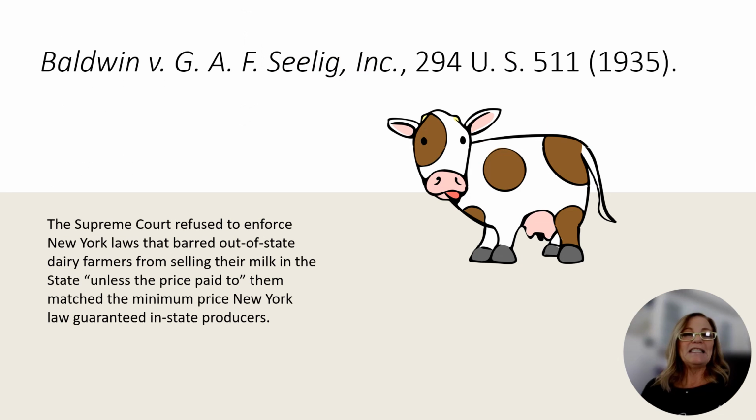And so one of the cases is from 1935, where New York laws barred out-of-state dairy farmers from selling their milk in the state unless the price paid to them matched the premium price New York law guaranteed. State producers said, you know what, we're not going to let you bring in your cheap milk and compete against our in-state people.